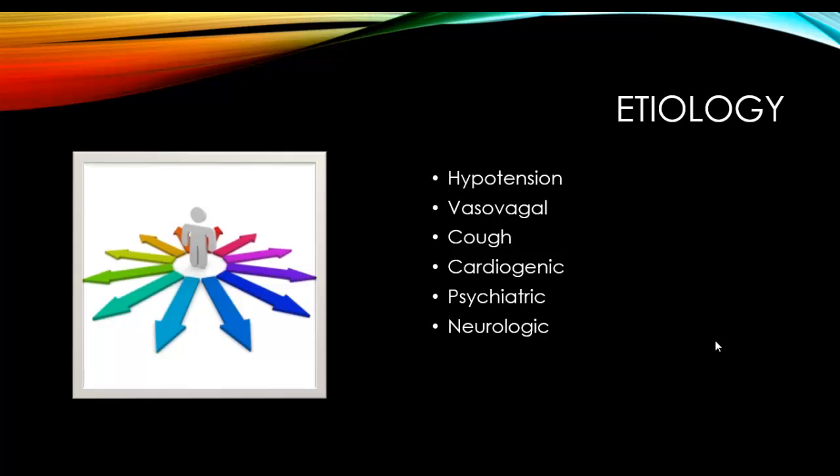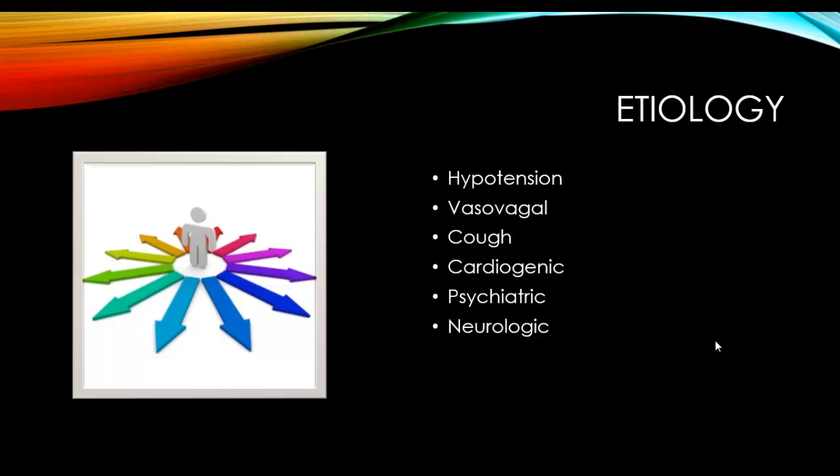When we look at vasovagal, that's a pretty common one that everyone should be familiar with. Vasovagal is usually the cause of a simple syncopal episode, and it's usually triggered by an event such as fear, pain, excitement, or even extended periods of standing still without bending the knees, especially when you're in a warm environment and becoming overheated.